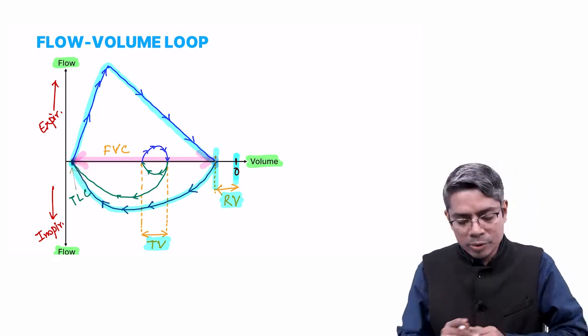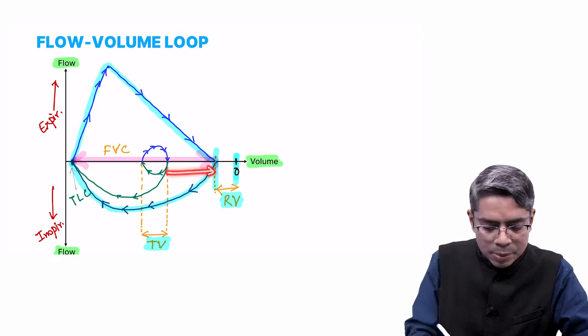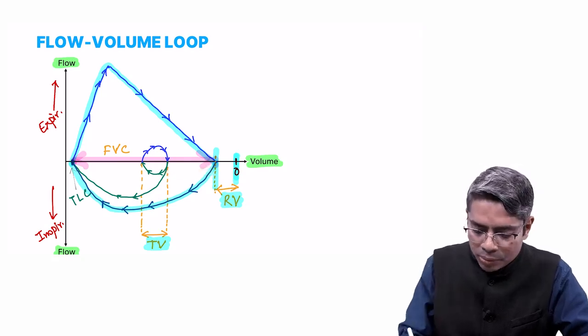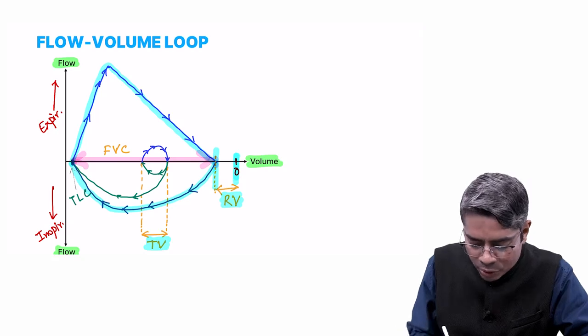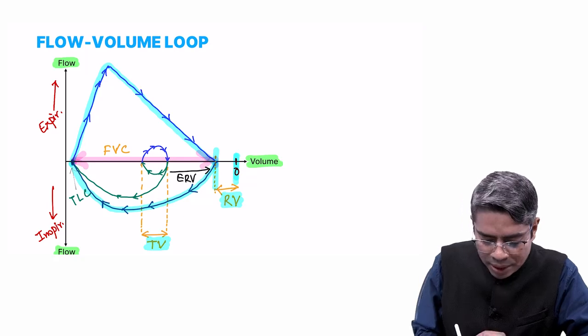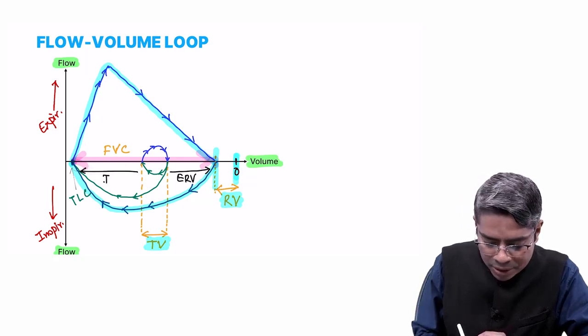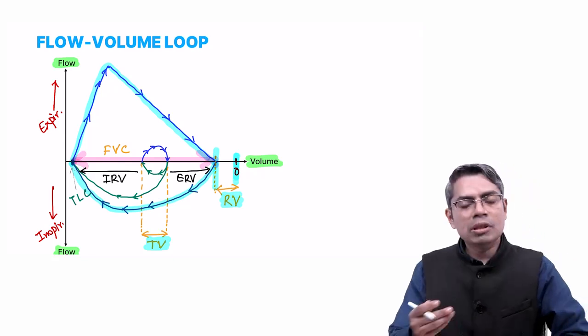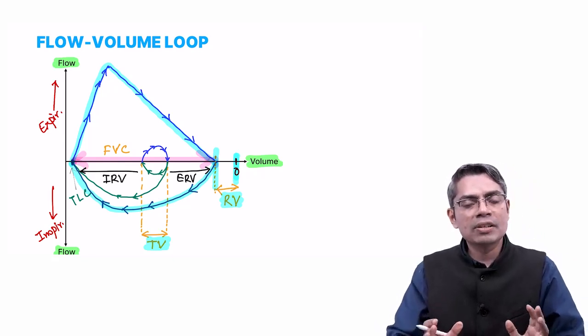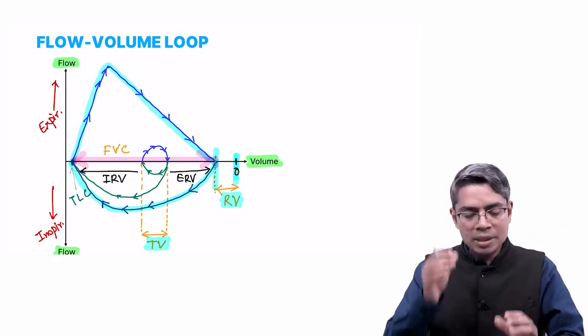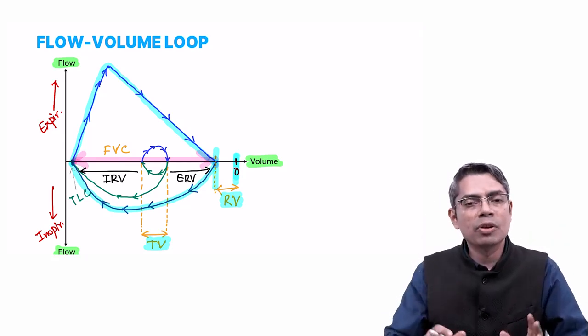That is your inspiratory reserve volume. Expiratory reserve volume, this is the expiratory reserve volume. So, I can show you from here, but it will be more congested. So, this is my expiratory reserve volume and this is my inspiratory reserve volume. Getting my point? So, all the static lung volumes that you have measured with the spirometer can be calculated from this flow volume loop also.